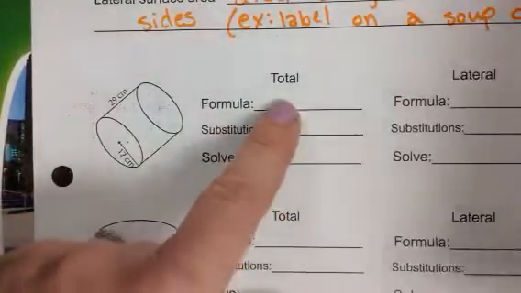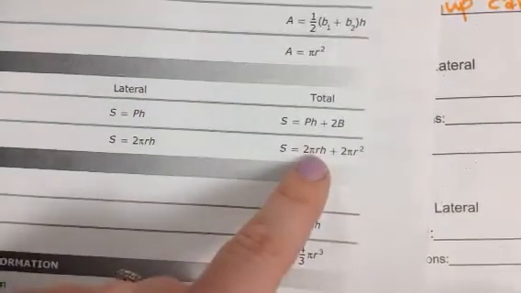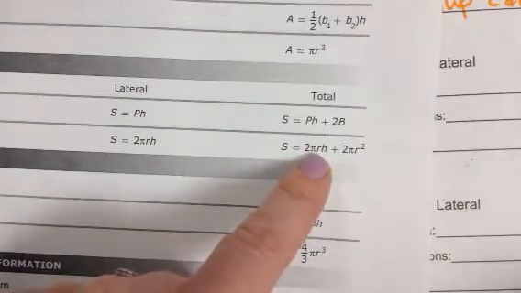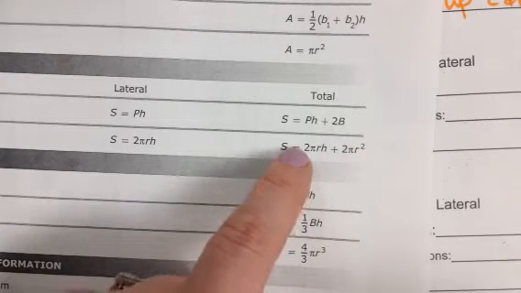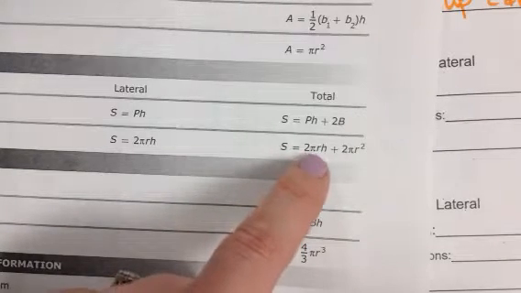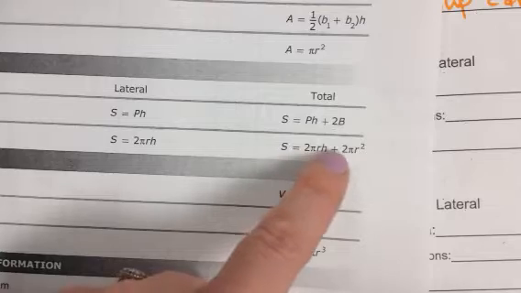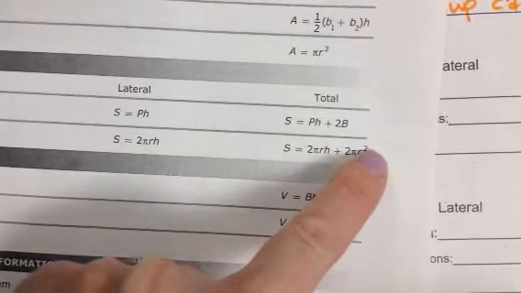For total surface area of a cylinder, that's this one. Now don't freak out because it's really long. It's not too bad because we'll be doing 2 times pi times radius times height plus 2 times pi times radius squared.